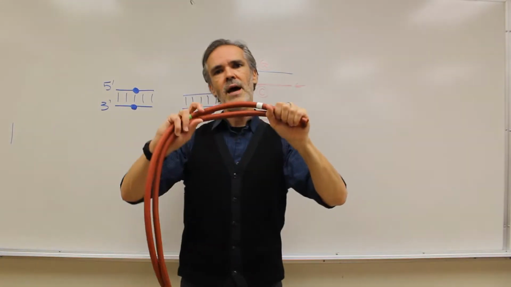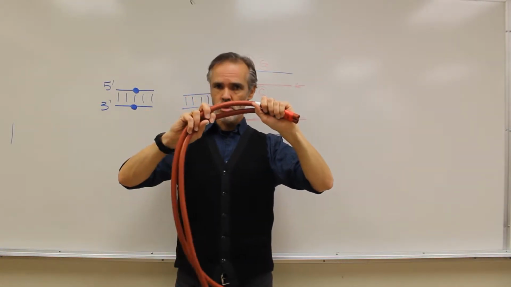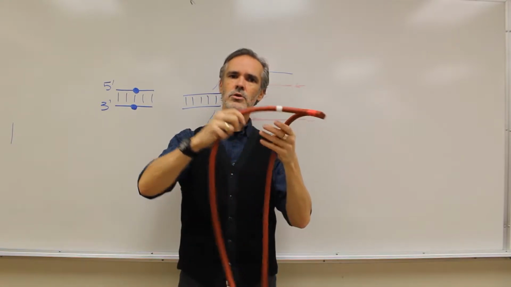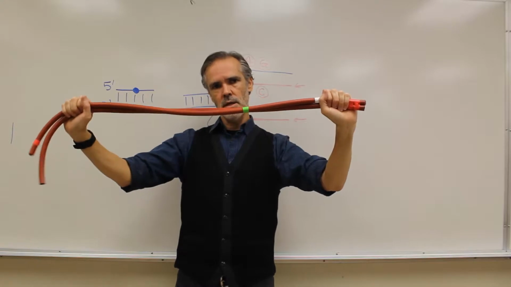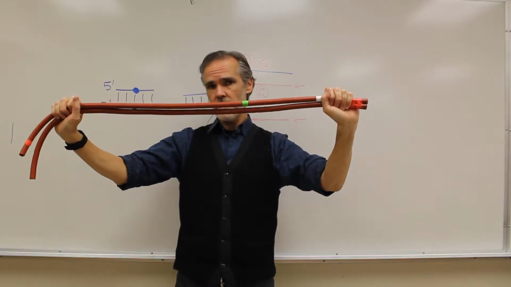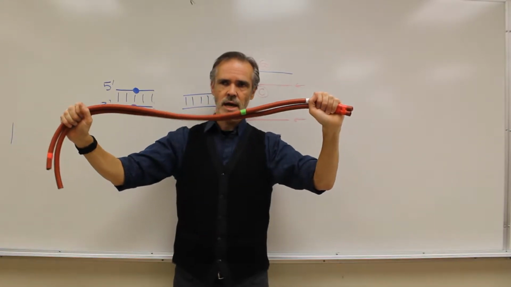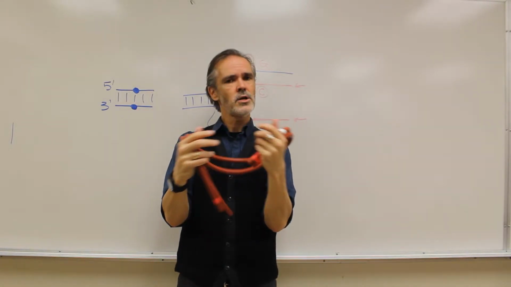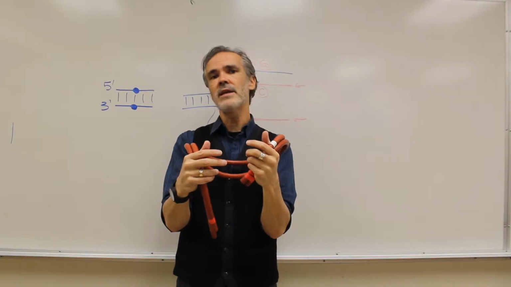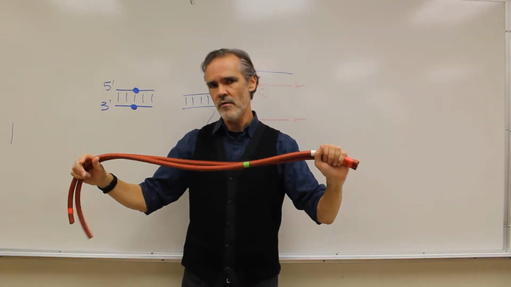We need a tool that is going to be able to remove all the hydrogen bonds between those two strands, and that's not an easy feat, because a hydrogen bond is not that easy to break when there are many of them.